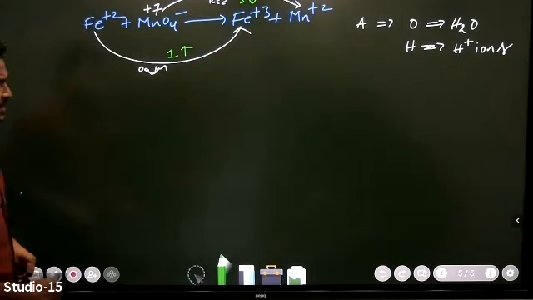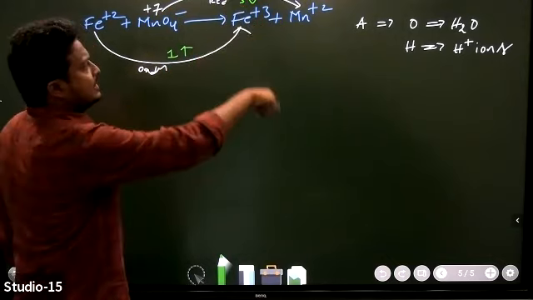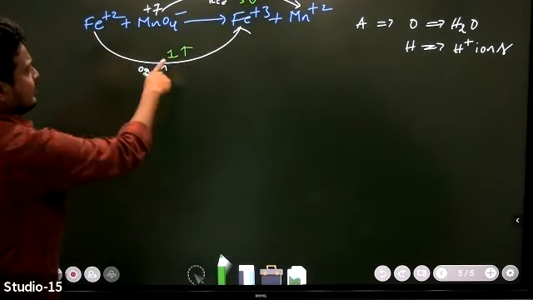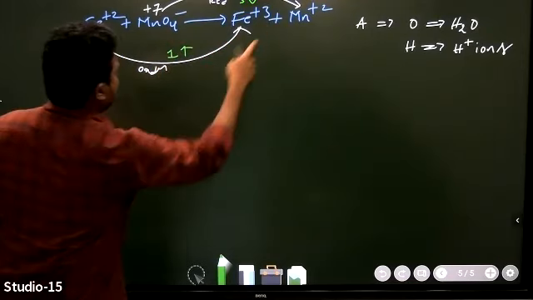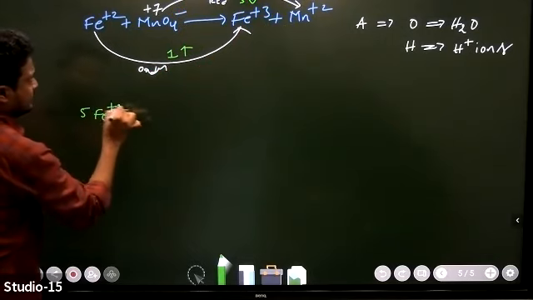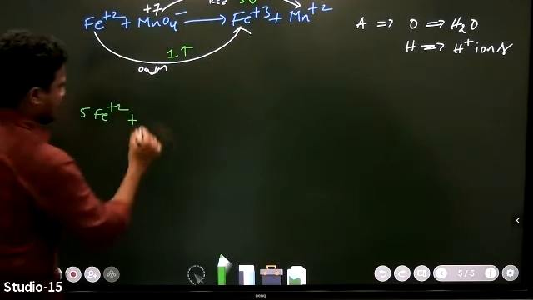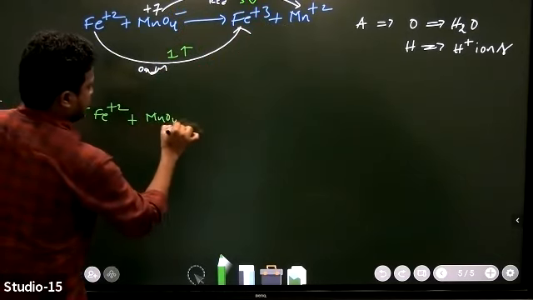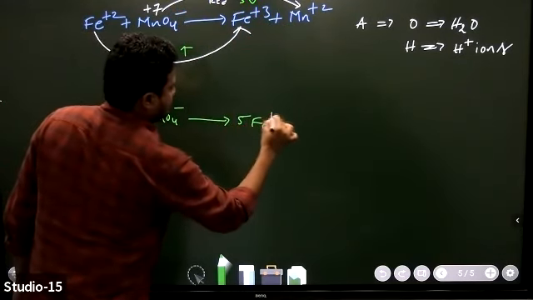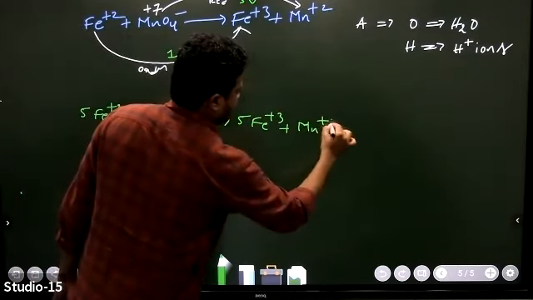Here 5 units decrement is multiplied with the oxidation process, and 1 unit increment with the reduction process. So what we get: 5 Fe plus 2 plus 1 into MnO4 minus gives 5 into Fe plus 3 plus 1 into Mn plus 2.